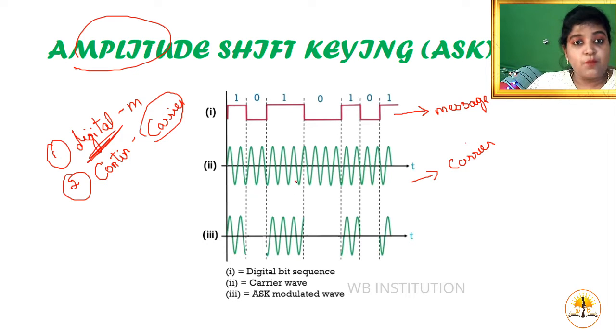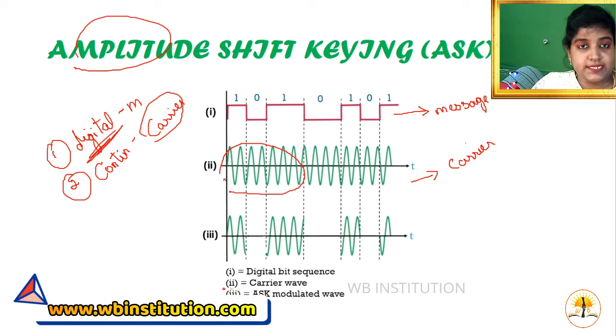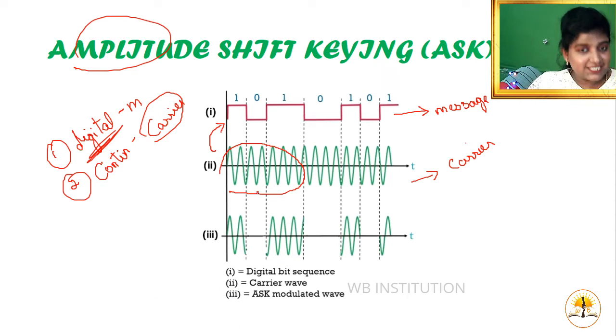It is modulated with respect to the modulating signal, or message signal. The carrier signal is modulated with respect to the instantaneous value of this digital signal. This process is said to be amplitude modulation. Here the amplitude is modulated with respect to the digital signal. Clear? Understood? Fine. Now I'm going to draw the output waveform.